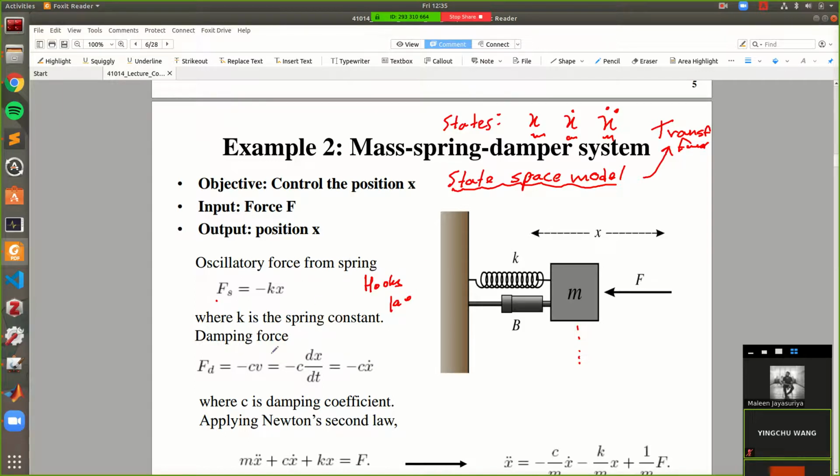Damping is generally related to the velocity. So the higher the velocity associated here, the more the damping. So the damping force, this is the force associated with the spring, this is the force associated with the damper, is generally equal to minus C into V. C is some sort of damping constant, called the damping coefficient. So the relationship there is minus C x dot. x dot is the velocity.